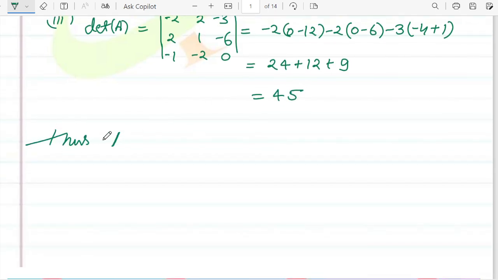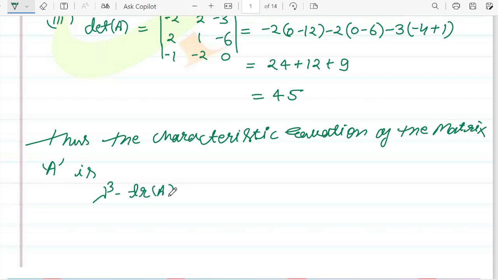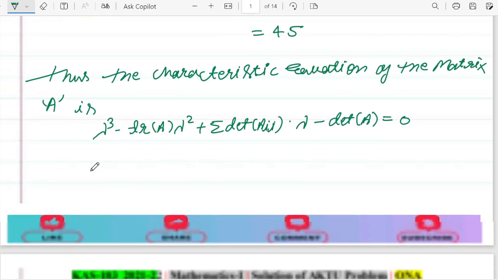Thus the characteristic equation of the matrix A is lambda cube minus trace of A lambda square plus sum of determinant of Aii into lambda minus determinant of A is equal to 0.